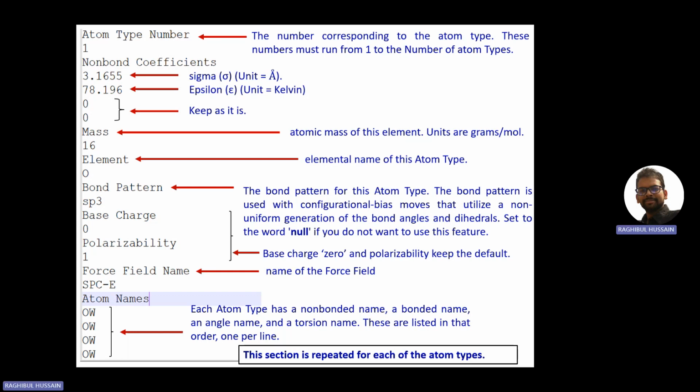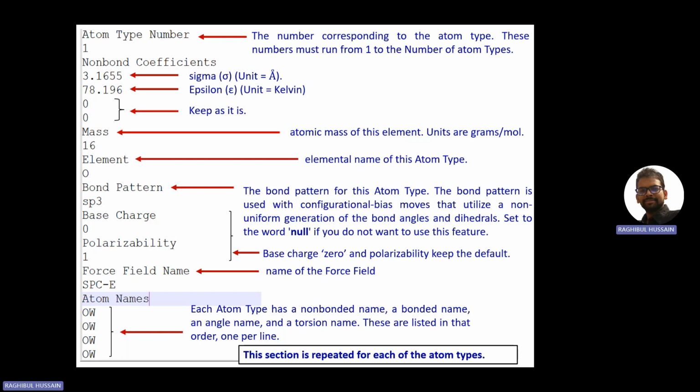Done. Then what is the name of the force field? Now this has to be matched with the variable which we have defined in the input file. In the input file, when we have defined the molecule, at the top we have written force field name. So this has to be matched with that. Then atom names. For atom names, we have 4 variables. Right now, we have already got OW, so write OW.